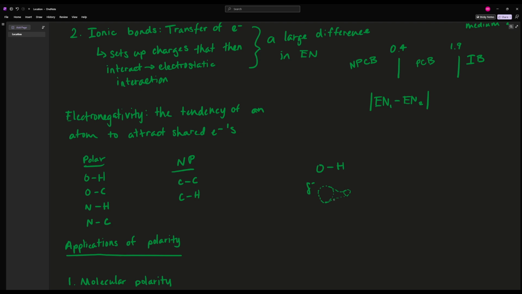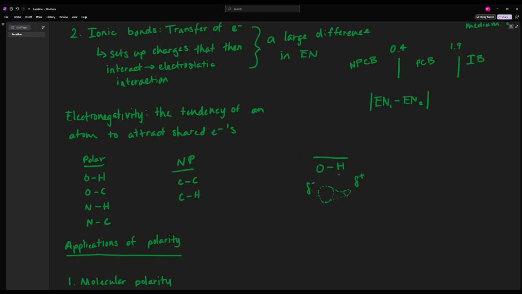So this oxygen, because the electrons generally are found next to it more often than the hydrogen, gets a partial negative. Around the hydrogen, it gets a partial positive because it's losing some of that negative charge, and what's left is the positive charges of the protons. So you can either denote the polar bonds using a partial negative and a partial positive, or you can use dipole notation.